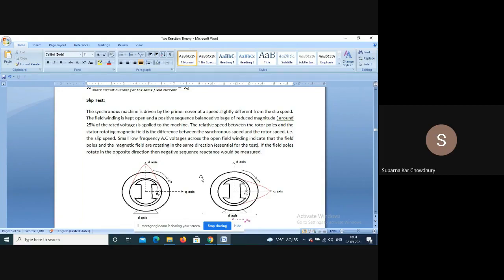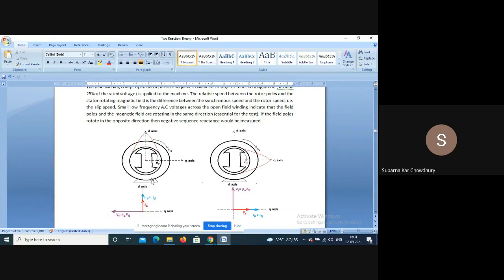So the speeds of the rotating magnetic field and the rotor are different. So what happens, say for a particular position, when the direct axis and the rotating magnetic field are coincident, then the air gap is small, that is corresponding to the direct axis.